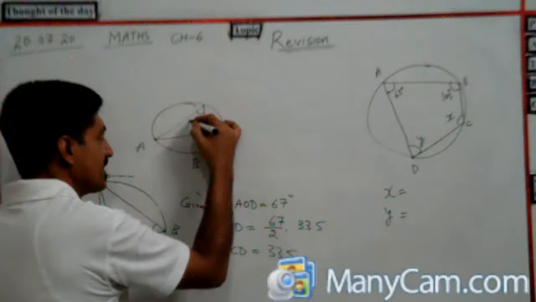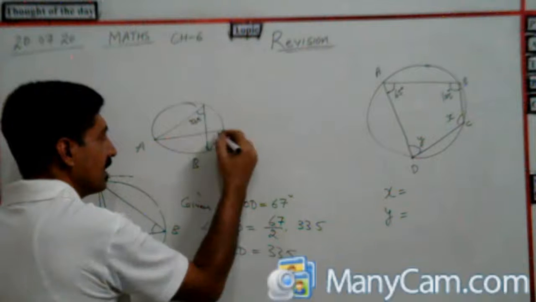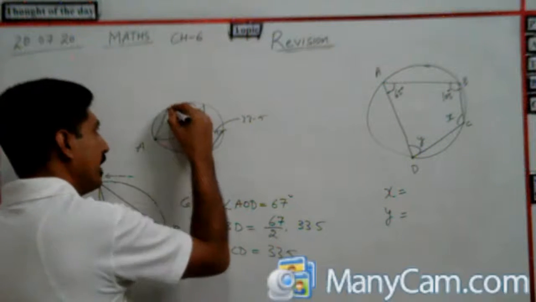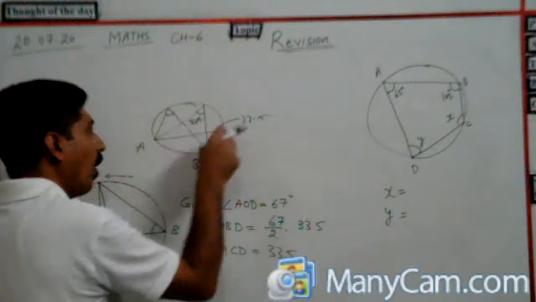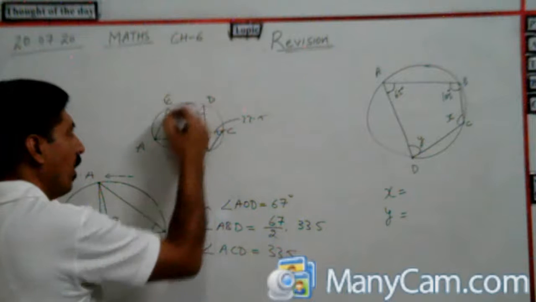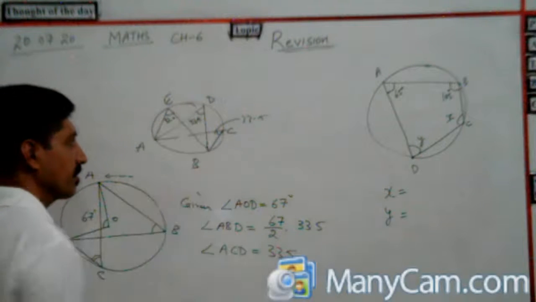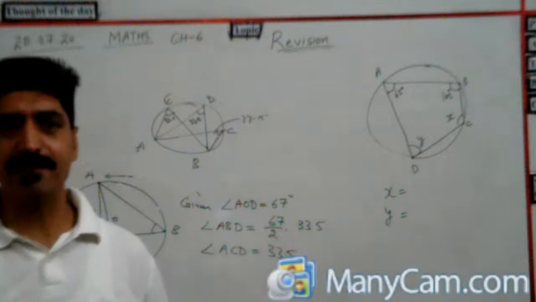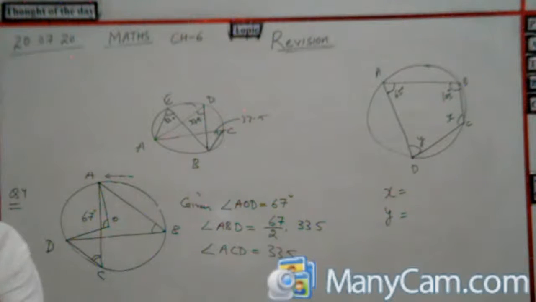If this angle is 35 and a half, this angle must be 35 and a half. Any point, all these angles at point C, D, E, all angles are of the same measure. Right? Angles on the same segments are always of the same degree.